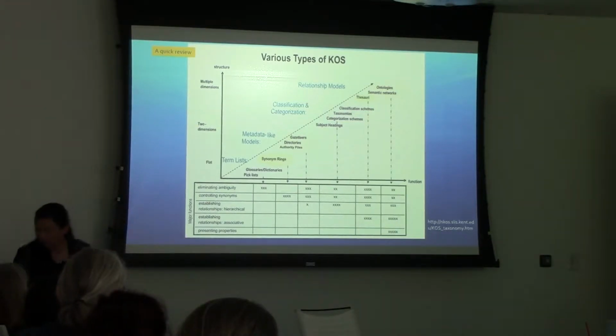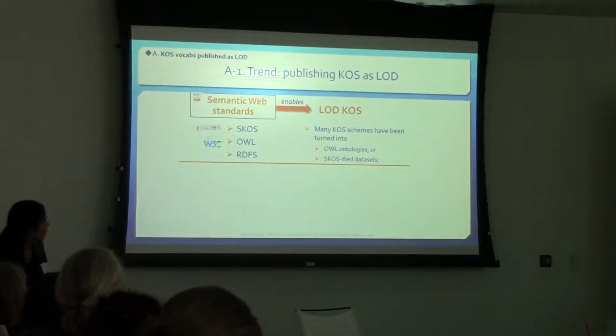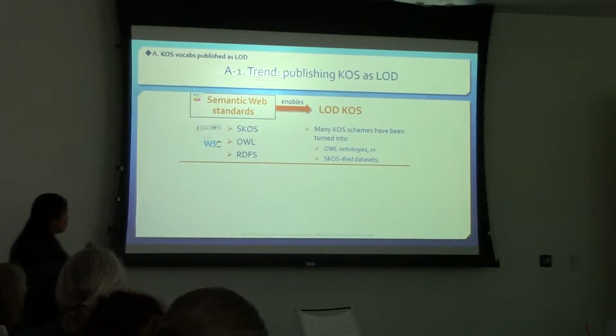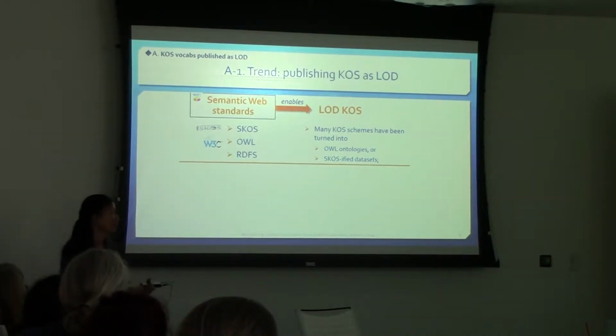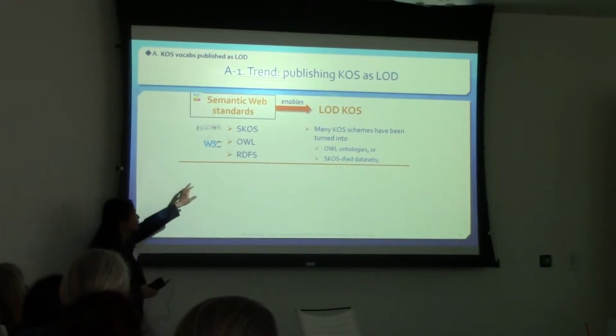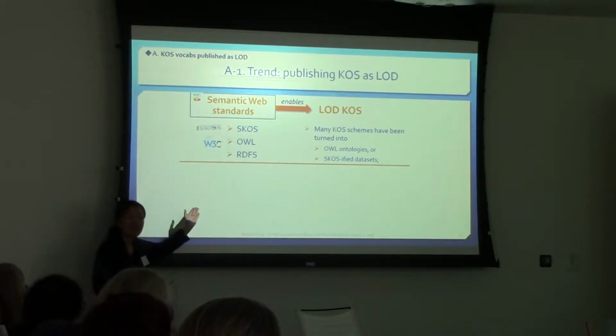I'm just trying to put this together in this way to show the hierarchy. So now the trend is to publish your KOS, no matter what it is, as linked open data. How can we do that? Because W3C defined those common standards.